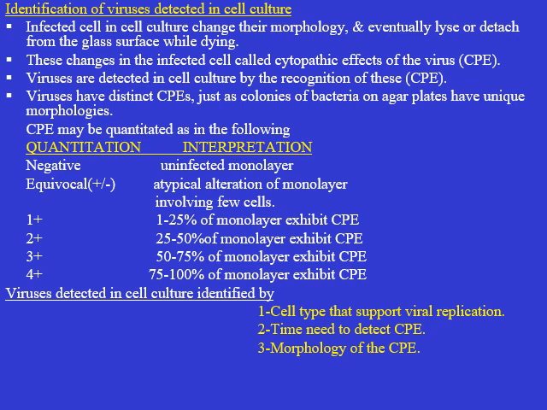A +1 means that 1 to 25% of the cells in the monolayer exhibit cytopathic effect. A +2, 25 to 50% of monolayer cells exhibit cytopathic effect. +3, 50 to 75% of the cells in the monolayer exhibit cytopathic effect, while +4, more than 75% of the cells in the monolayer exhibit the cytopathic effect.